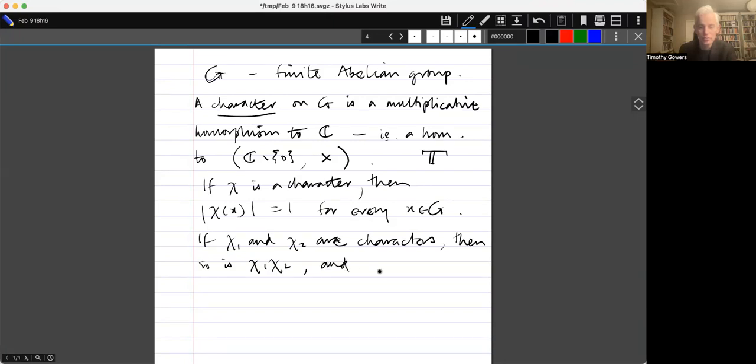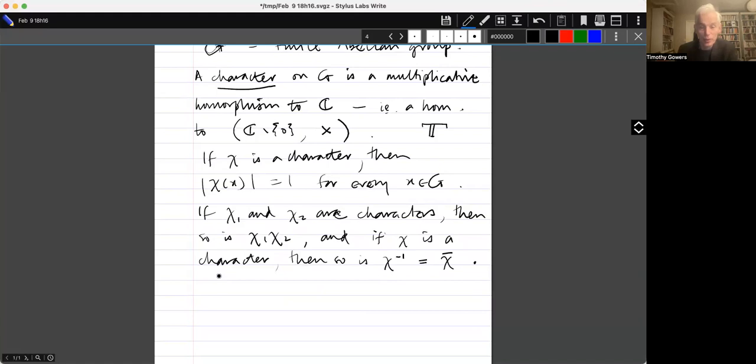And if chi is a character, then so is chi to the minus 1, the pointwise inverse, which, since we're inside the complex numbers of modulus 1, is the same thing as the pointwise complex conjugate. So chi bar of x is chi of x all bar.